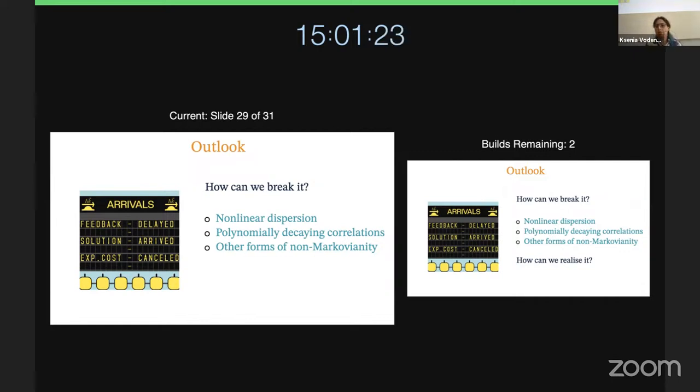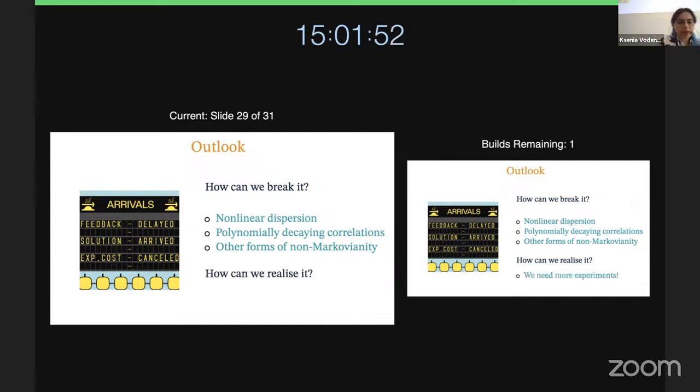Why do we ask ourselves this question? Because we are interested if we can obtain interesting and complicated correlated states, for example, states with polynomially decaying correlations as the output states of this setup. And we are also interested if we can add other types of non-Markovianity to our method.